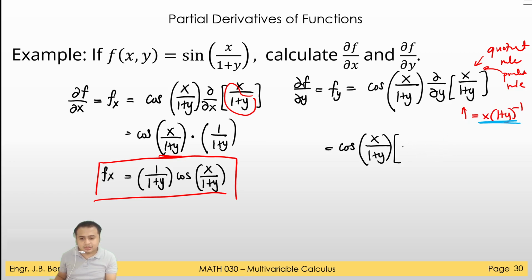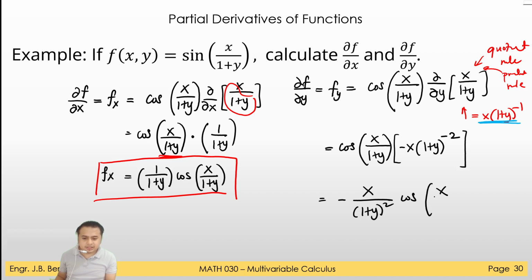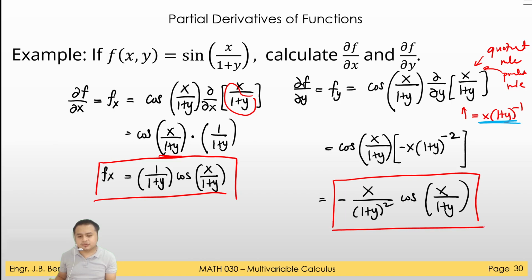So this will become negative x times (1 plus y) raised to negative 2, since we subtract 1 from the exponent. Simplifying this to make things more standardized, we have negative x over (1 plus y) squared, and then cosine of x over 1 plus y. So this will be your final answer for the partial derivative with respect to y.